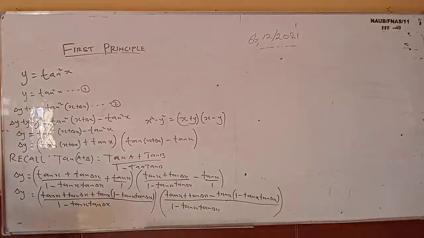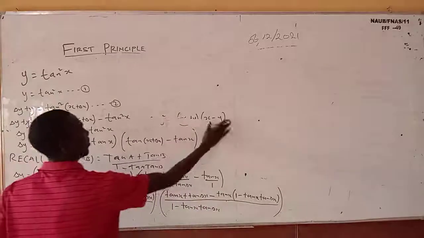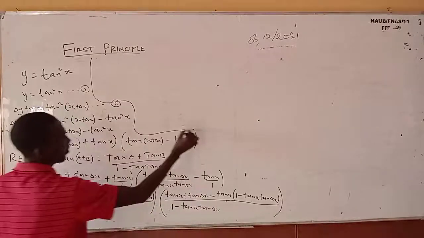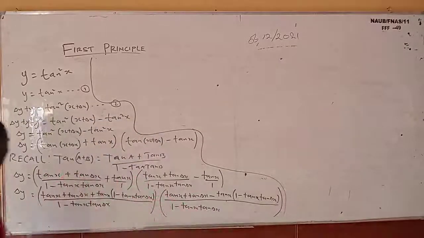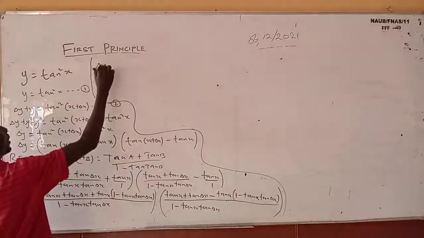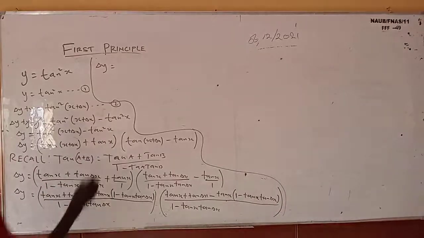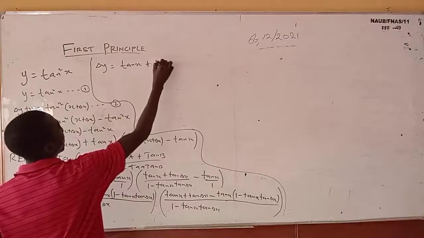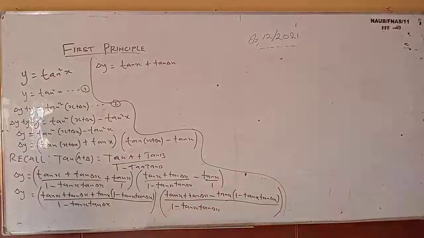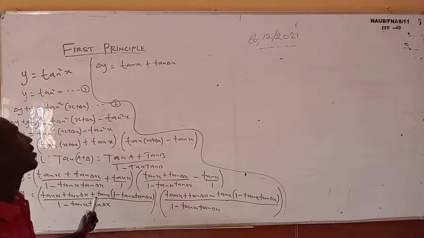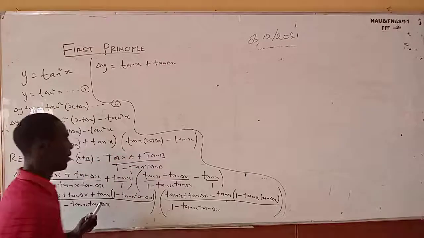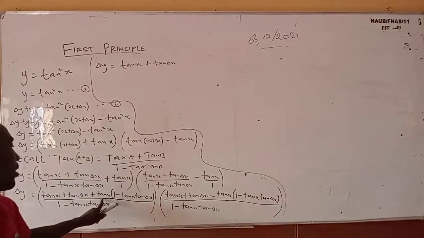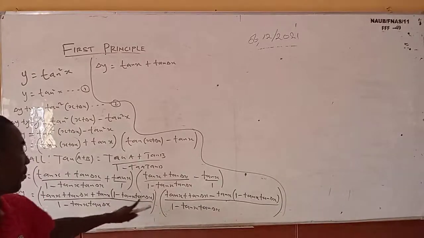So now the next thing we are going to do is to clear the brackets. So now we have change in y equals tan s plus tan change in s, plus the next thing you are going to do: tan s multiplied by this.